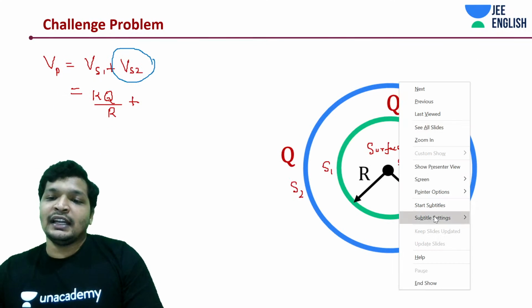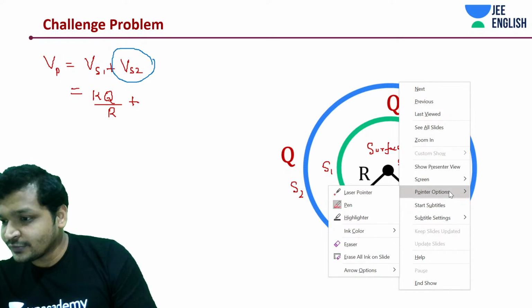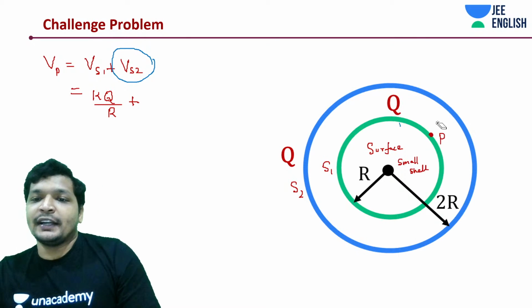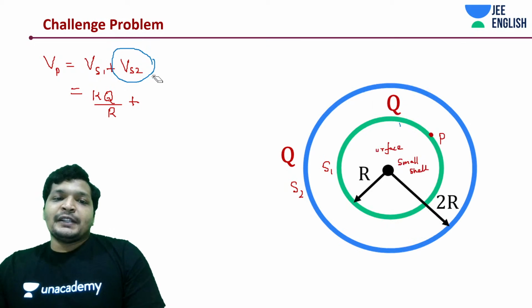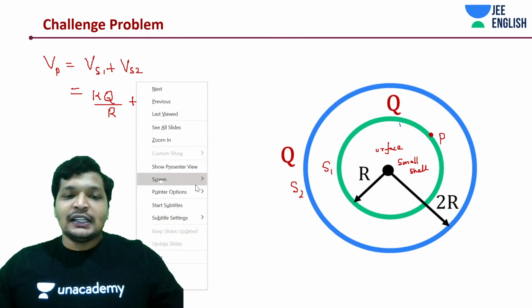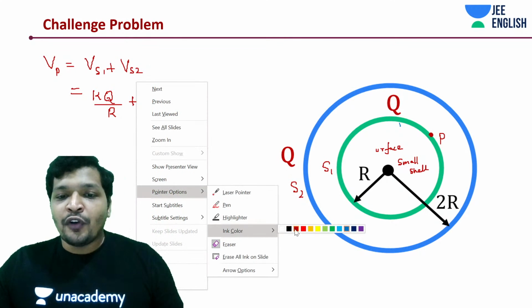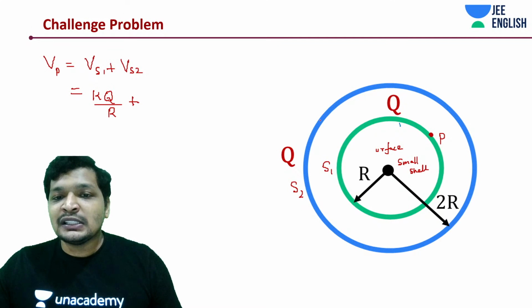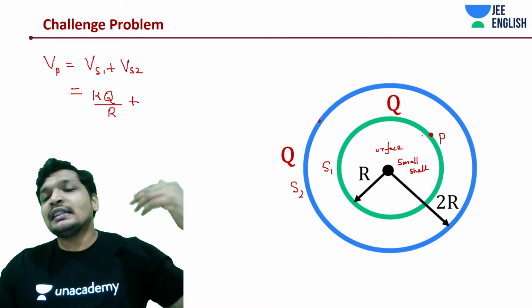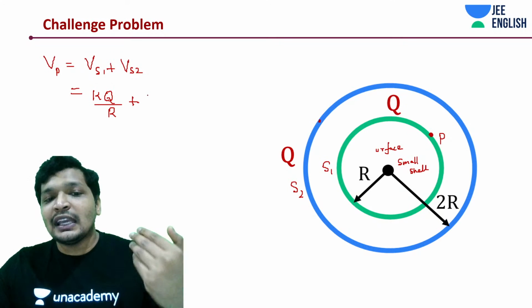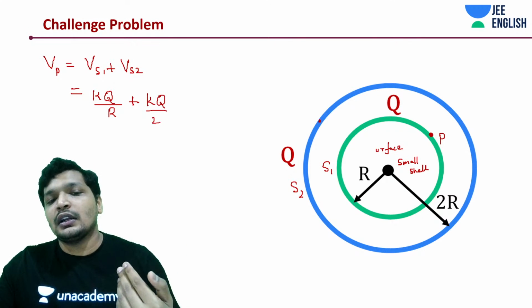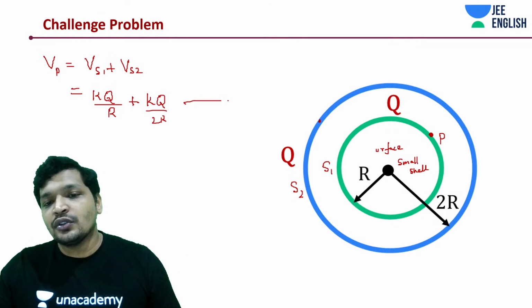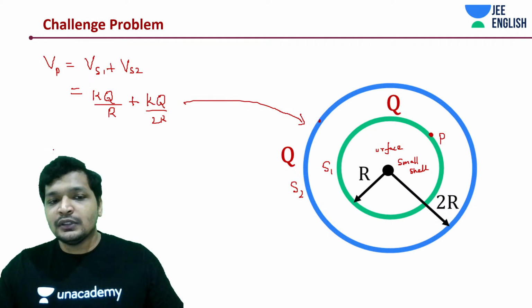Answer is not A, right? Why would it be A? Alright, focus. It's a very simple one, guys. For the second sphere, it's just a point inside that sphere, which is going to be KQ by 2R. First one is simple, so you know it.